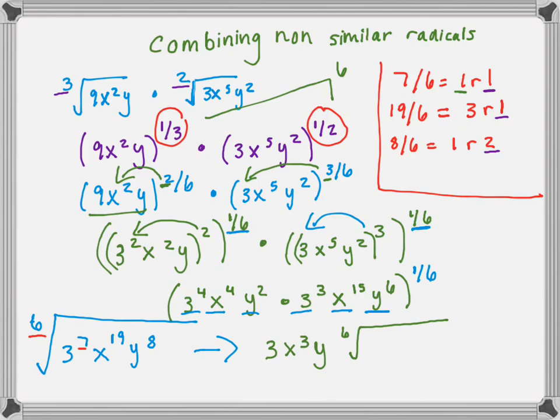So 3 to the 7th, with the 6th root, has a remainder of 1, which means this is going to have 3 to the power of 1. And then x to the 19th over 6, so we're just looking at the exponents there, also has a remainder of 1, which is going to be x to the power of 1. And then the y has a remainder of 2, so this is going to be y to the power of 2. So this is our final answer.